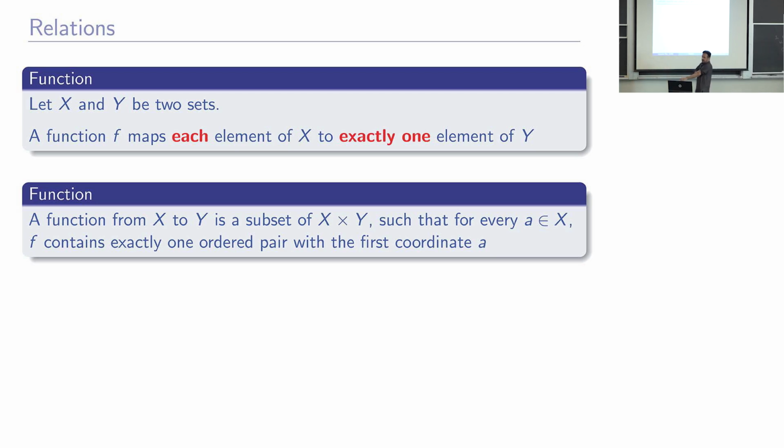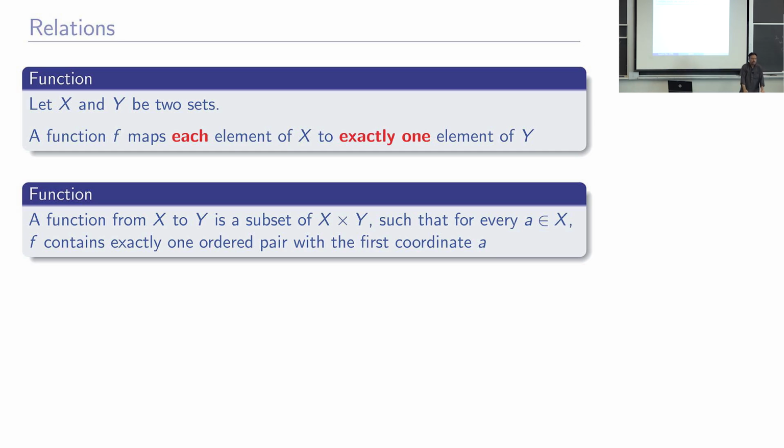A function is a mapping given sets x and y. A function is a mapping from x to y such that every element of x gets mapped to exactly one element of y. That was the working definition of function, but technically, if we represent it as a set of ordered pairs, pre-image image pairs, then it can be thought of as a subset of ordered pairs of x cross y, the domain cross codomain.